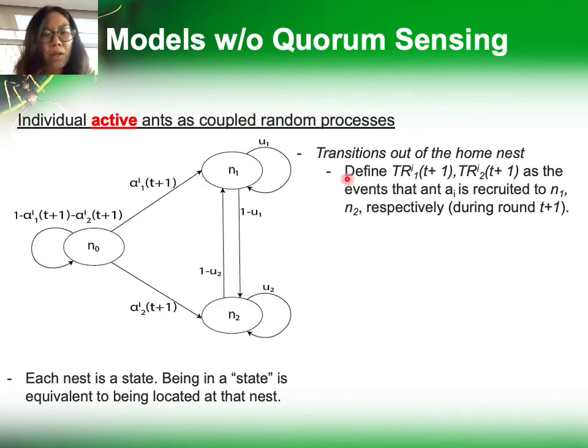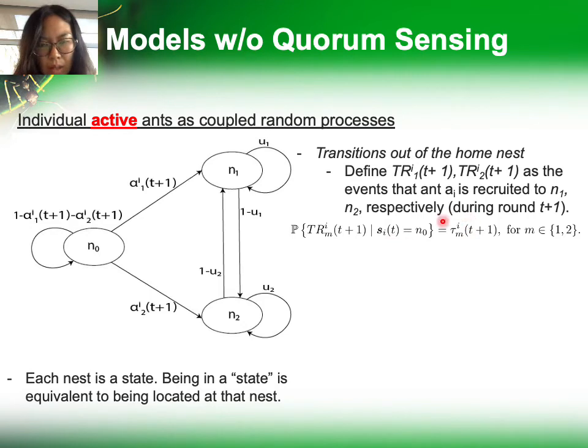In order to reflect that, we define these two expressions as the event that an ant is recruited to N1 or N2 respectively during round T+1.